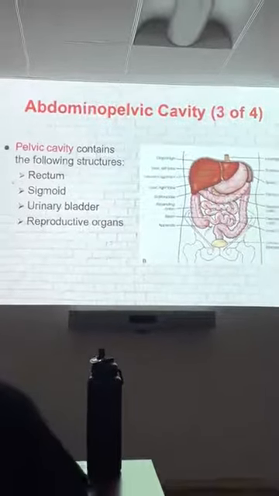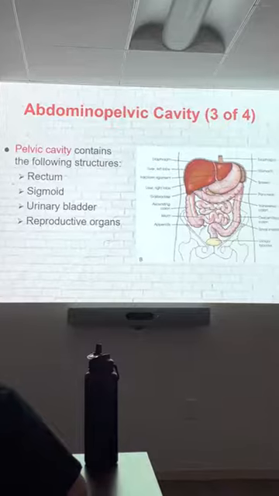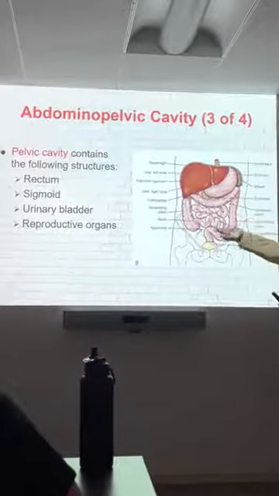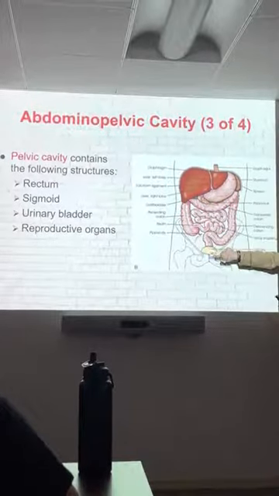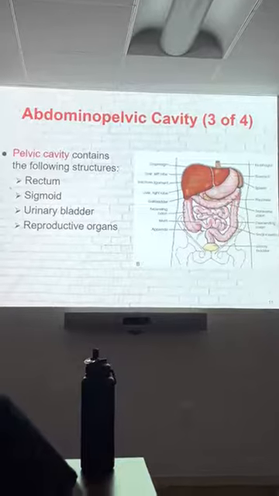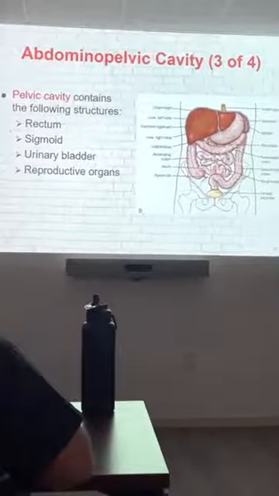Pelvic cavity, that subsection, guys. What's in that pelvic cavity? Specifically, we have our rectum and sigmoid. Sigmoid's another portion of the colon, by the way. Sigmoid is this area right here, and rectum is right here. And then your urinary bladder and your reproductive organs also fall into the pelvic cavity, that subsection of the abdominopelvic cavity.